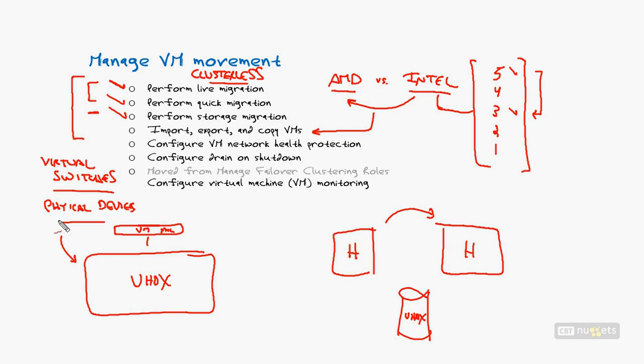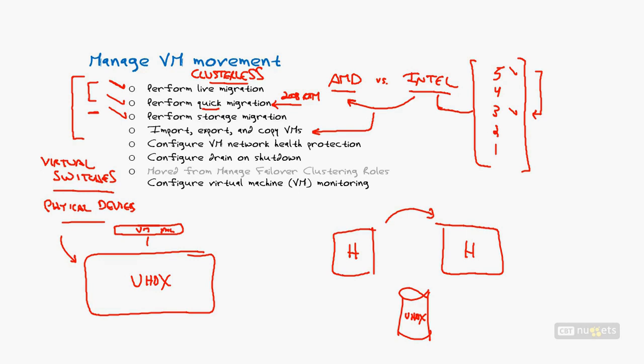Now, in some circumstances, relatively rarely, you may want to accomplish what is called a quick migration. The quick migration is what we had back in the Windows Server 2008 RTM days. It was the only solution that was out there. And you might think that quick migration is just a marketing term, but the quick migration is technically faster than the live migration. But the virtual machine does experience a short outage.